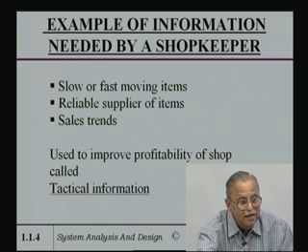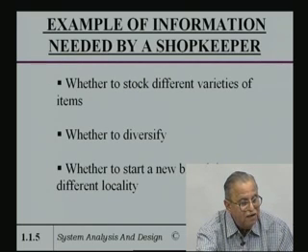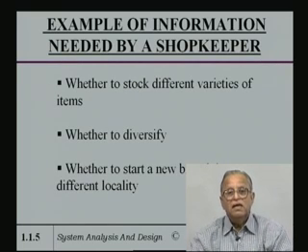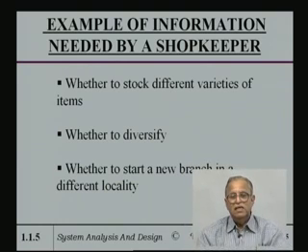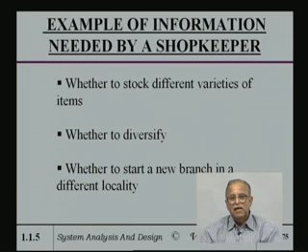The next or higher level of information you require is what is known as strategic information. Strategic information is distilled information based on what transpired earlier or based on the operational data.